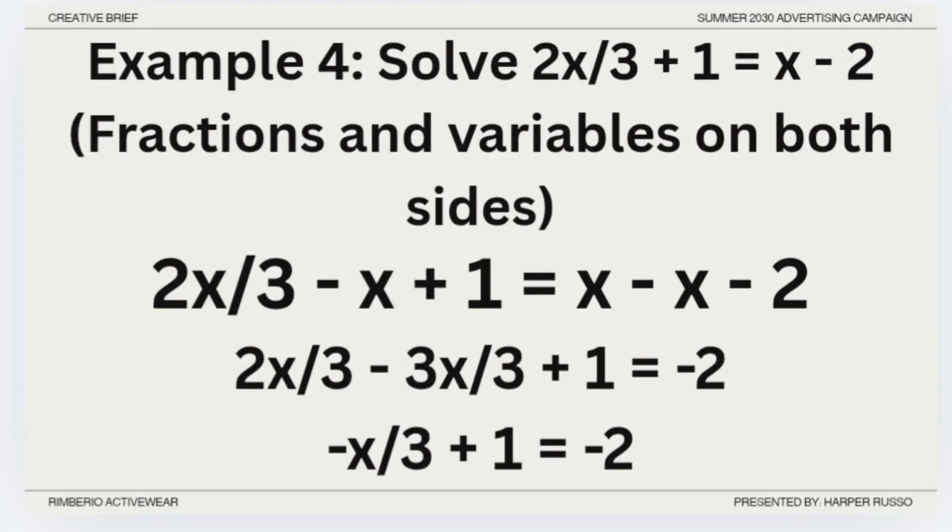To combine, get a common denominator, 3. 2x over 3 - 3x over 3 + 1 = -2. So, -x over 3 + 1 = -2.